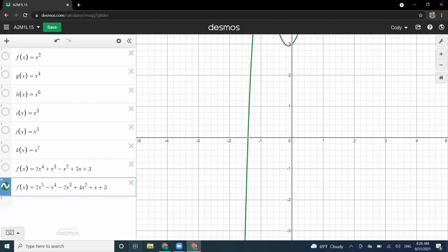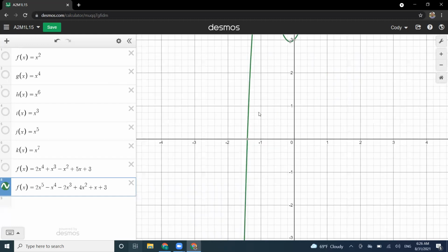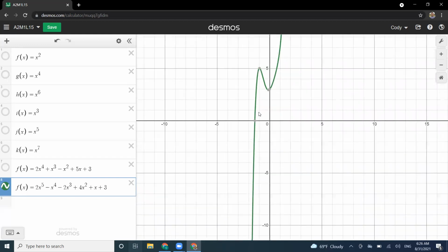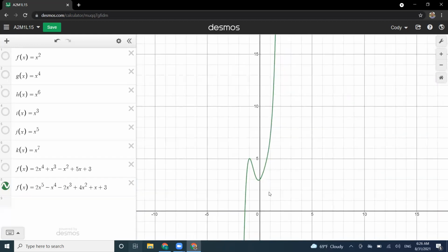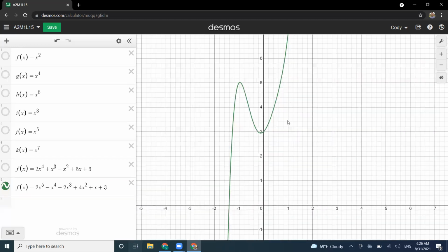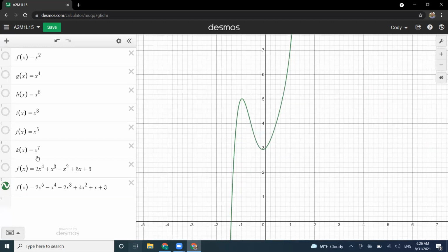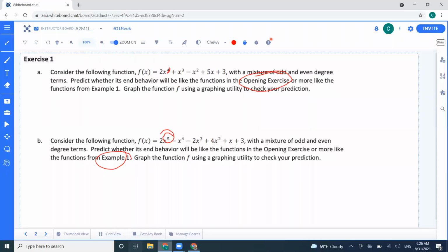So here we're going to have to scroll up, zoom out a little bit, move up a little bit, now zoom back in. Once again, x to the 5th. If we go up here and click on it, we can see how the end behaviors are going in opposite directions. To the negative, it's going to the negative. To the positive, it's going to the positive. And we'll go over that in a little bit as far as how to talk about end behaviors.